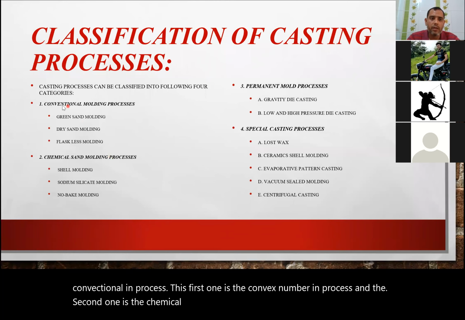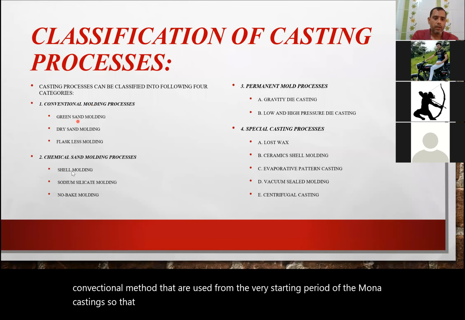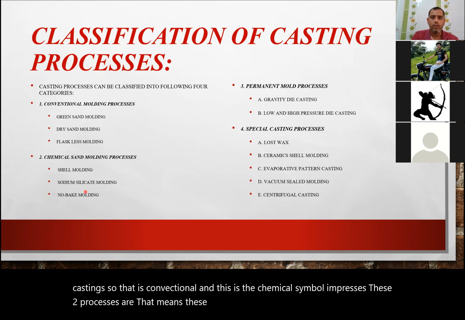This is the most conventional method, used from the very starting period of castings. These two processes are not permanent. We can reuse them, no, these are not permanent processes.